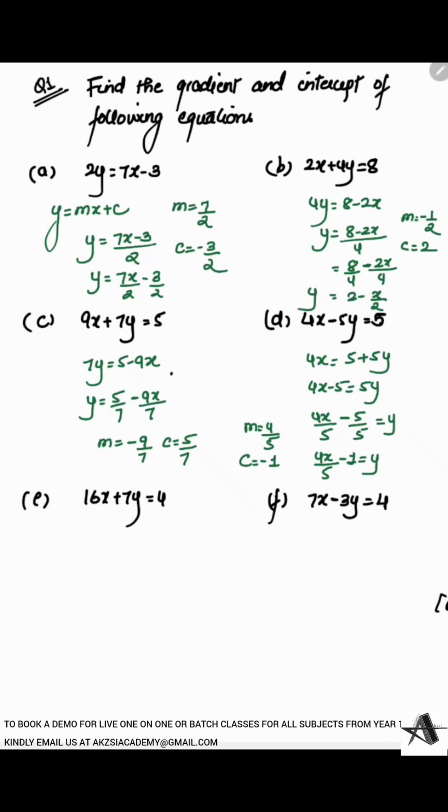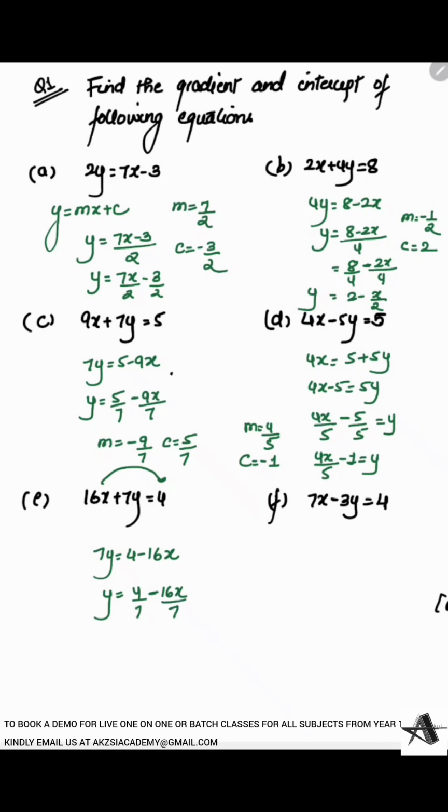So on comparing, I'll get m equals 4 over 5 and c is negative 1. Moving on to the next one, doing the same thing. Just directly bring 16x onto the right hand side. So 7y equals 4 minus 16x. Divide both sides by 7. y equals 4 over 7 minus 16x over 7.